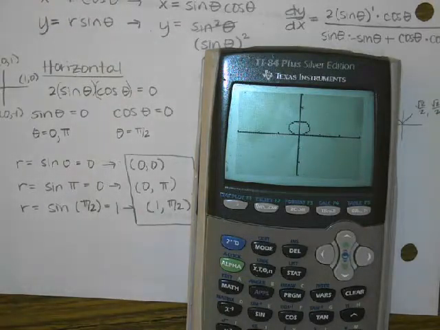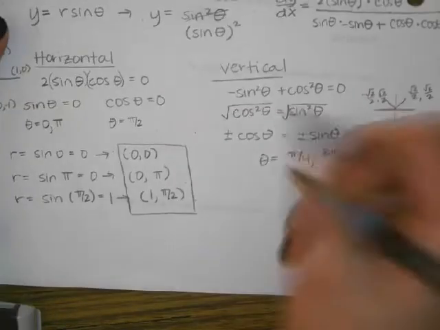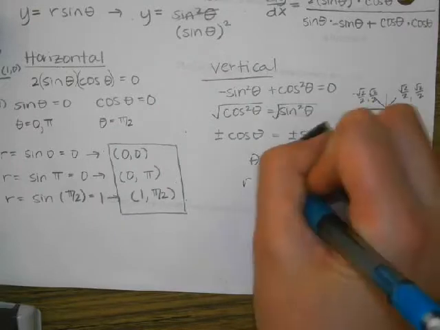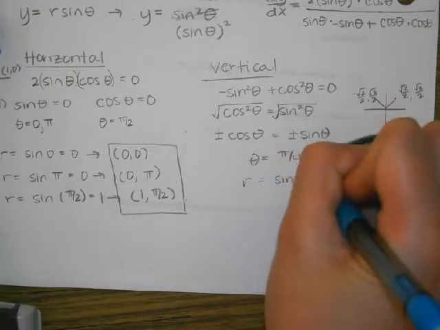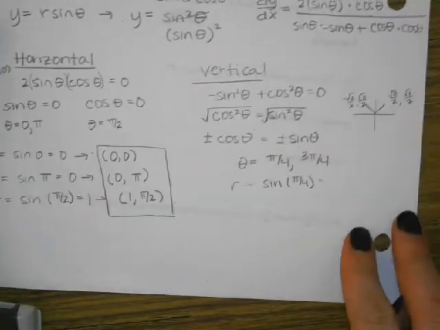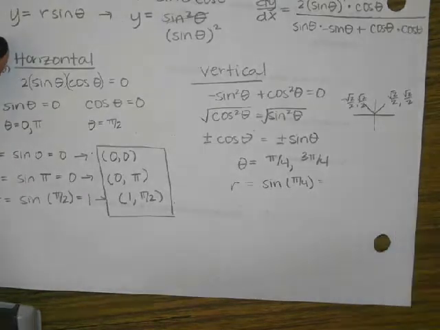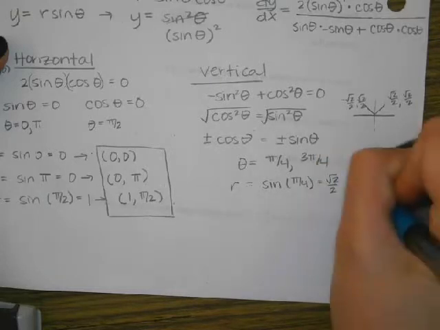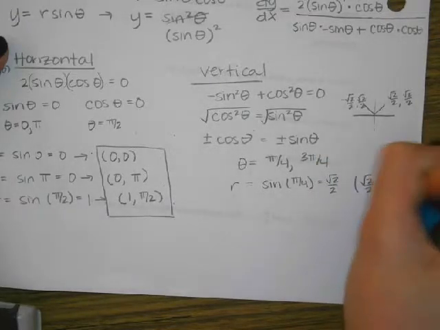All right. Next one. So here we're going to find our vertical tangent lines. We've got r equals sine of pi fourths, which is root 2 over 2. So that point is going to be root 2 over 2, pi fourths.